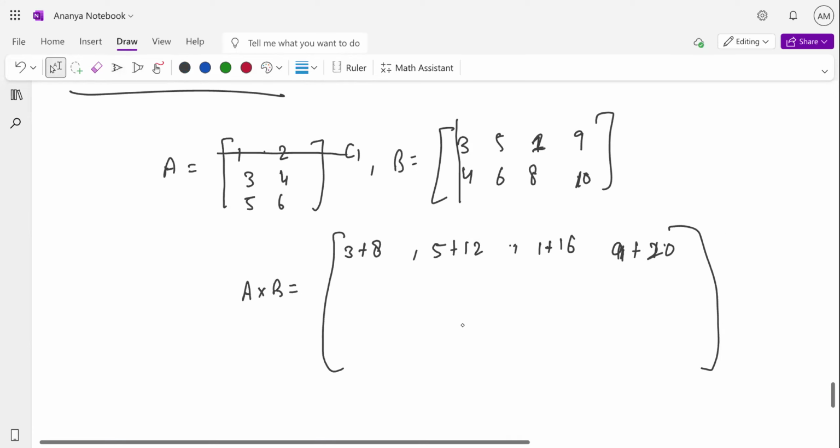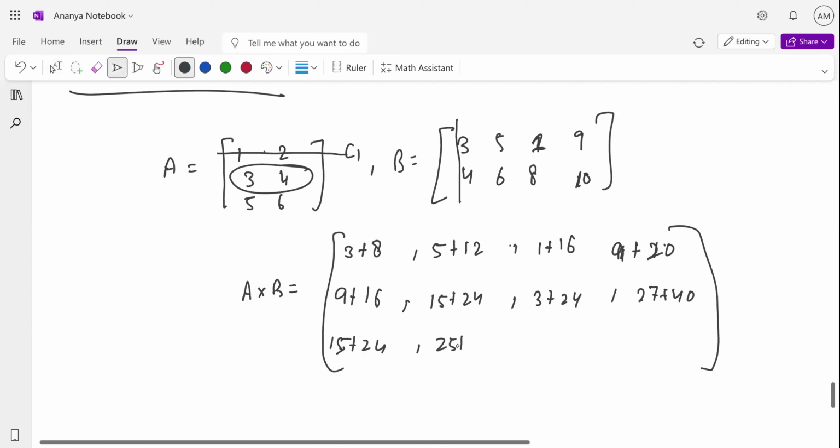Okay, this is the one thing. Now I went to this. What I'm going to get is 9 plus 16, then 15 plus 24, then 3 plus 24, then 27 plus 40. Understood? And the last is 15 plus again 24. I had another also: 25 plus 36.